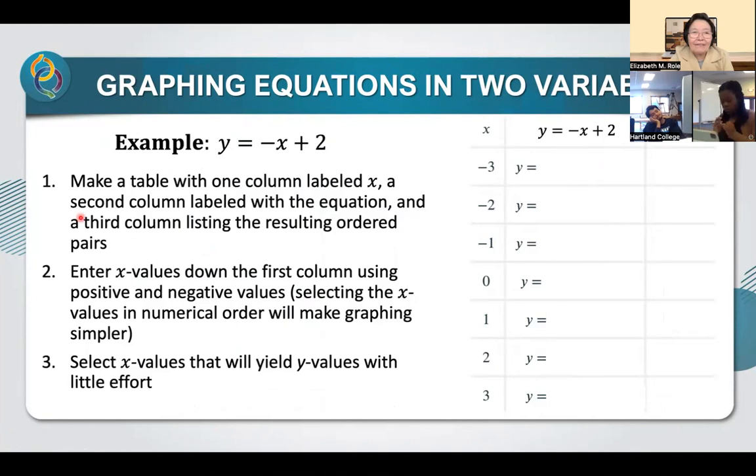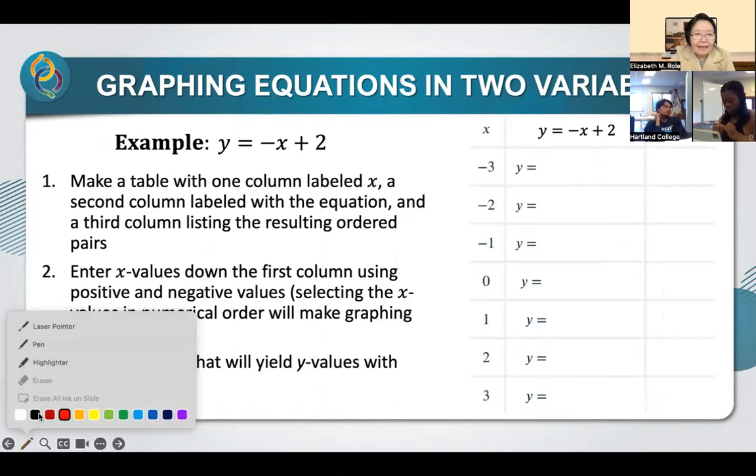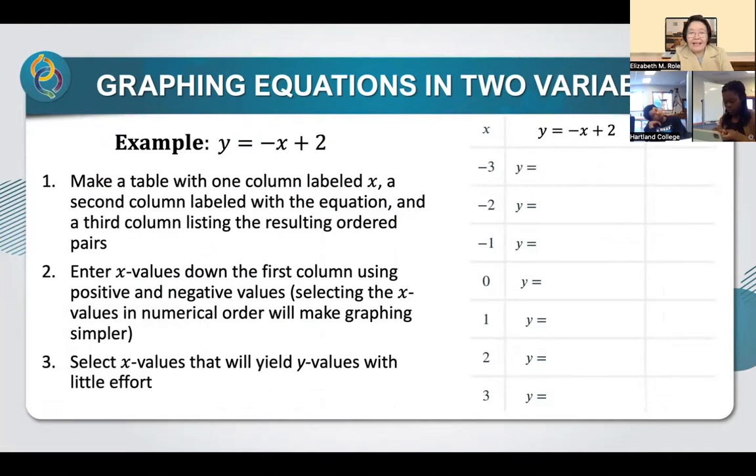Now if I have y is equal to minus x plus 2, let's do that. If x is -3, what will be the value of y?